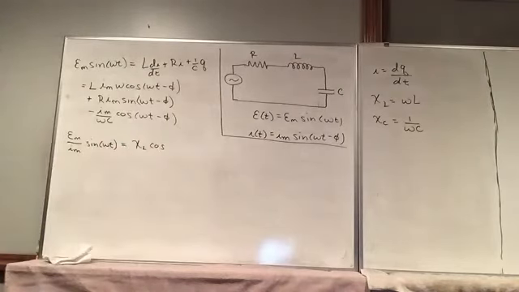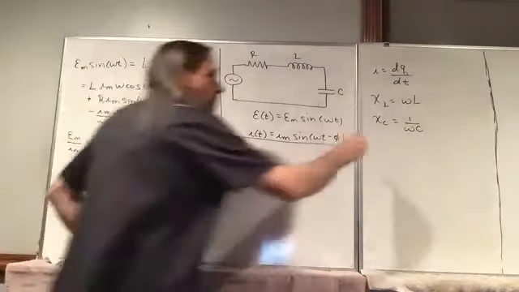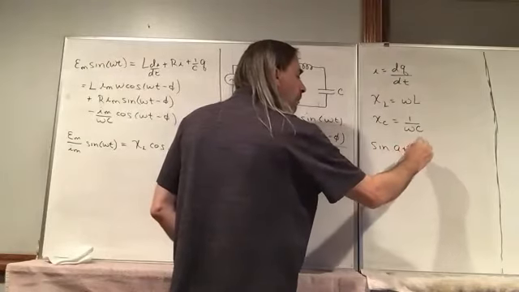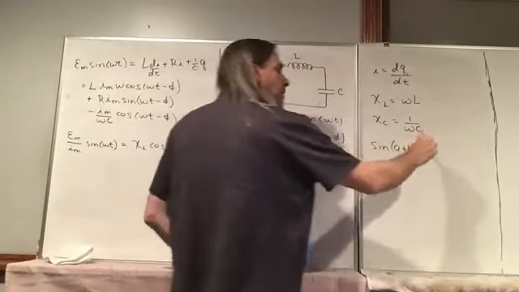I am worried about board space here, so I'm kind of going to combine steps. Let me write down a few trig identities, because we'll be using those.